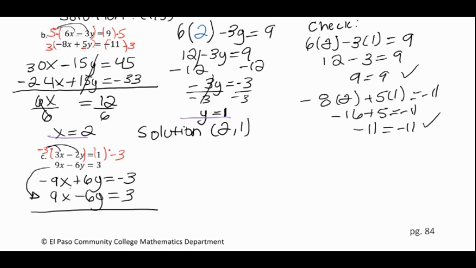Negative 9x plus 9x is 0. 6y minus 6y is 0, so we have 0 equal to negative 3 plus 3, which is also 0. Now we check our statement. Is 0 equal to 0? Yes. Since this is a true statement, that means that my solution for this particular system is infinitely many solutions.